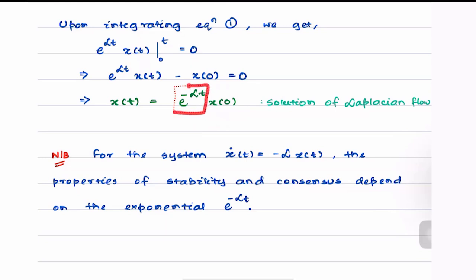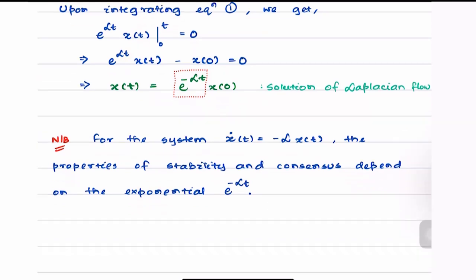So what are the properties that can be associated with this matrix e raised to the power minus Lt? Let us try to look at some of its properties. Next, we look at the properties of e raised to the power minus Lt.